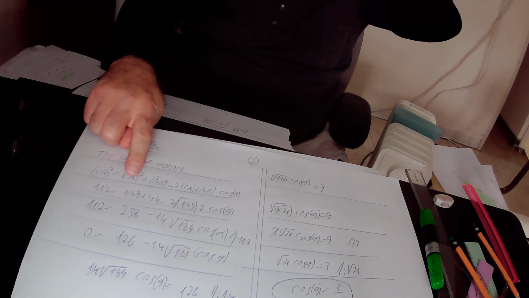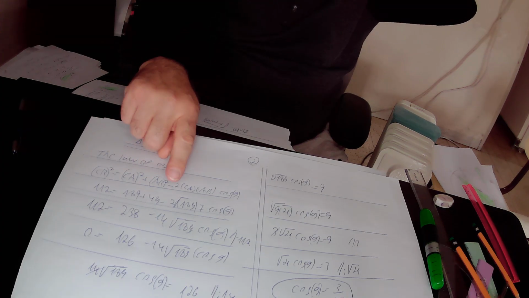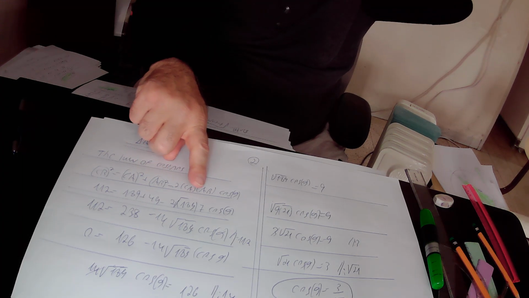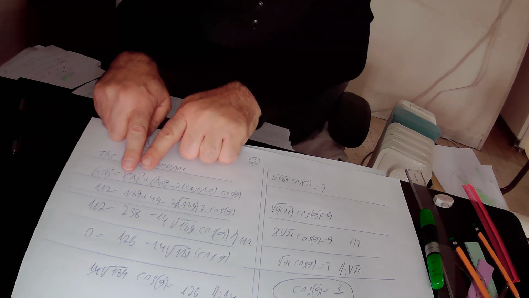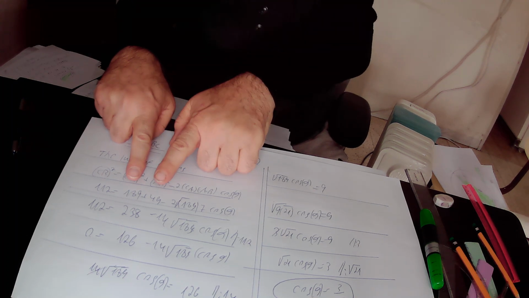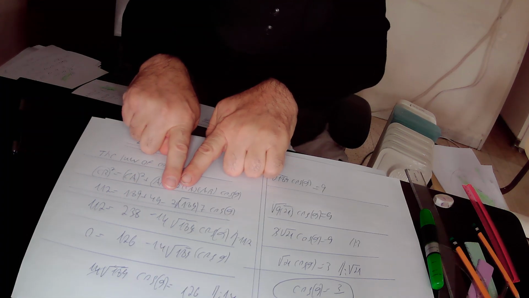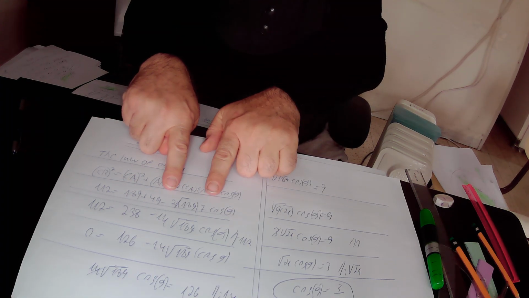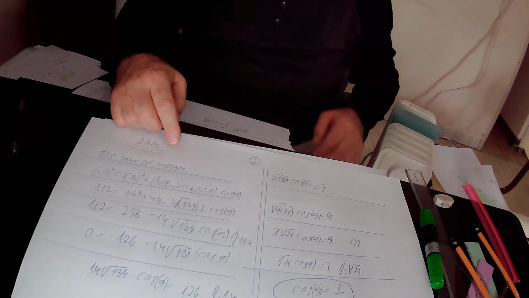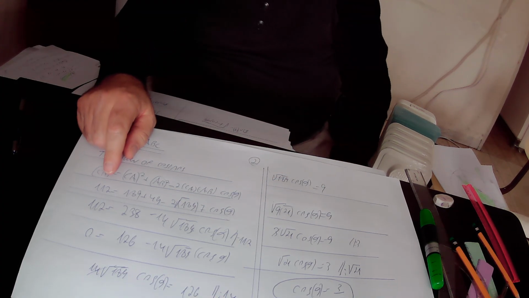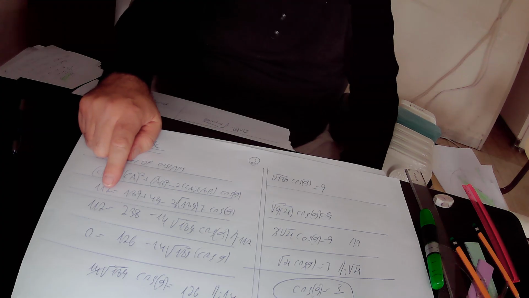So 112 equals 189 plus 49, minus 2 times square root of 189 times 7 times cosine alpha. 189 plus 49 is 238, and minus 2 times 7 is minus 14, so this expression equals 238 minus 14 times square root of 189 times cosine alpha. Here we subtracted 112 from this equation.